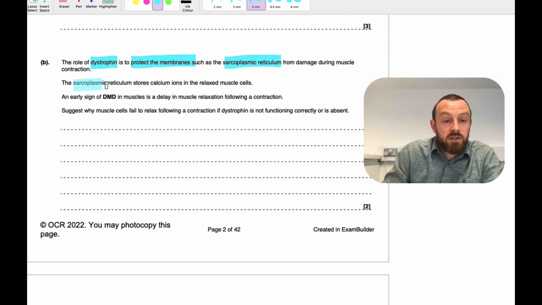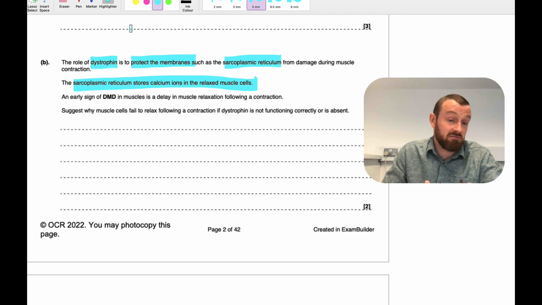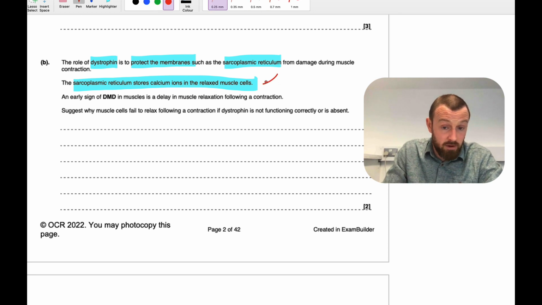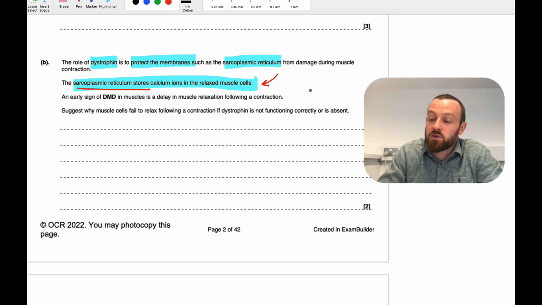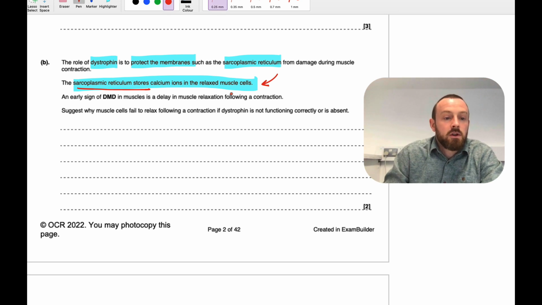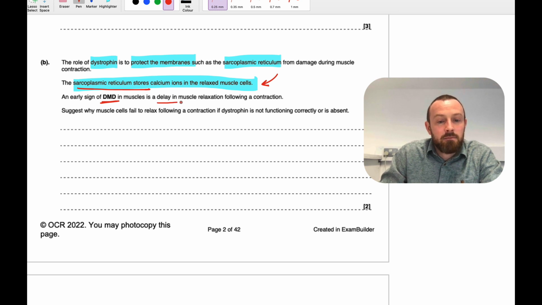The sarcoplasmic reticulum stores calcium ions in the relaxed muscle cells. So this is telling you this, but you should actually know this already for your spec. You know that sarcoplasmic reticulum is where the calcium ions are held, and then calcium is released from there to initiate muscle contraction. So an early sign of DMD in muscles is a delay in muscle relaxation after a contraction.